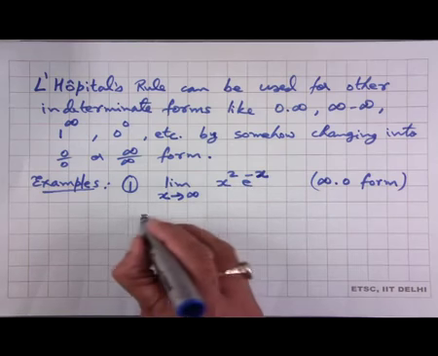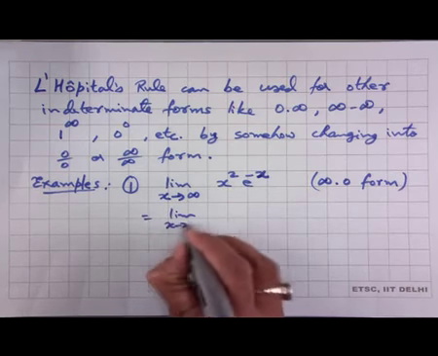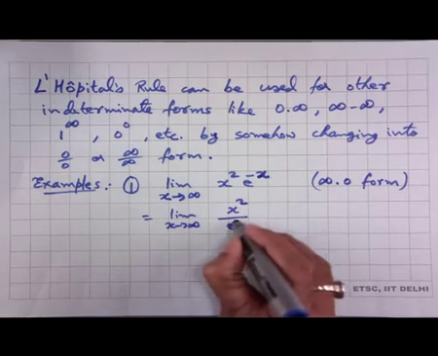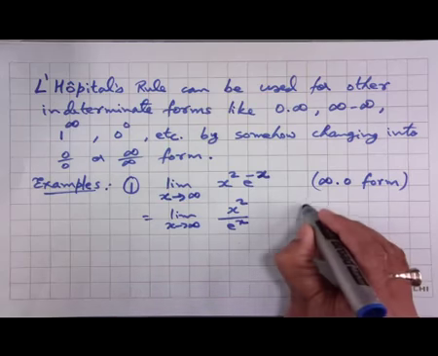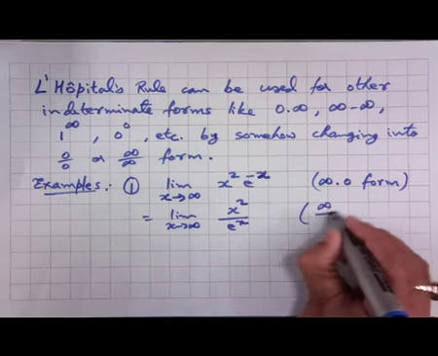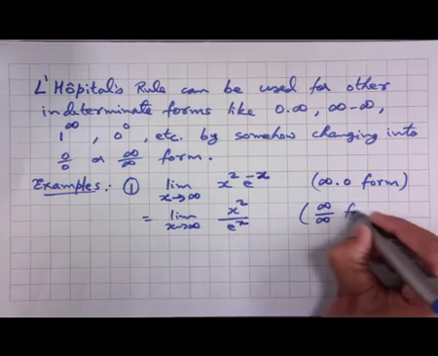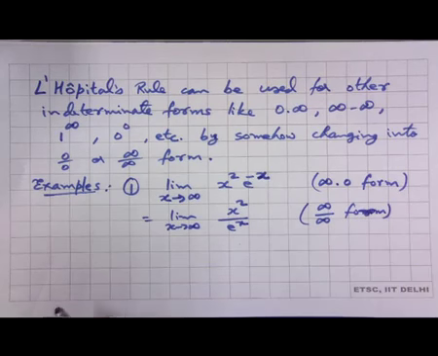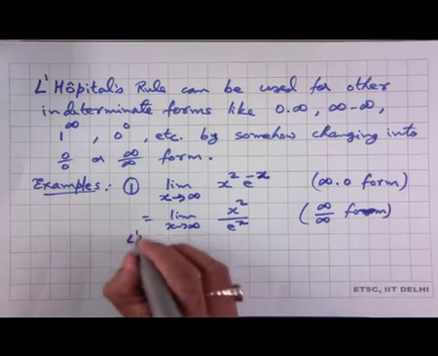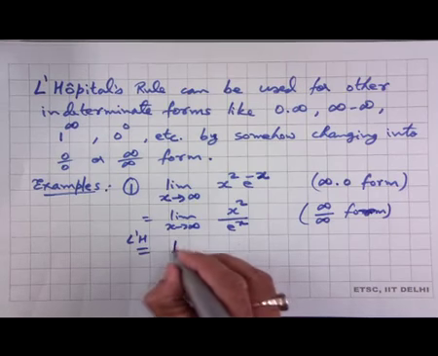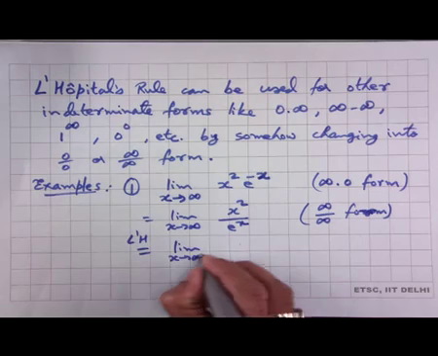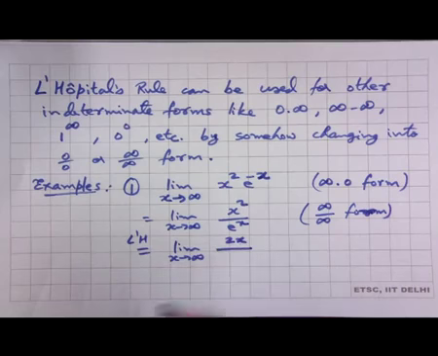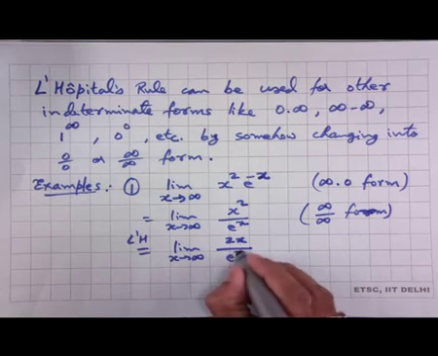So, to be able to apply L'Hopital rule, first we have to convert it into ratio of two functions. So, we can write this as limit of x going to infinity of x square divided by e to the x. Now, if we see the numerator, it goes to infinity, denominator also goes to infinity. So, we get infinity by infinity form. Therefore, we can apply L'Hopital rule and we get this as limit x going to infinity of the derivative of x square gives 2 x, derivative of e to the x is e to the x.